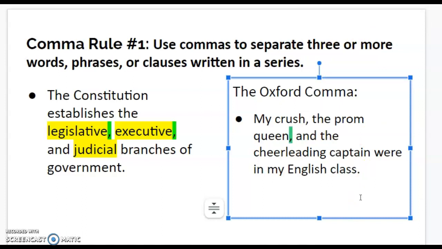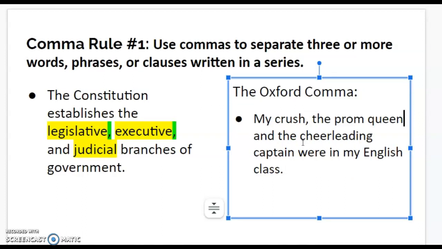I'm reading this as my crush and the prom queen and the cheerleading captain, so 3 separate people were in my English class. If I take that comma out, now the statement's reading my crush, the prom queen and the cheerleading captain. It's hard for me as the reader to tell if that's 3 separate people or if this person's crush is the prom queen and also the cheerleading captain.